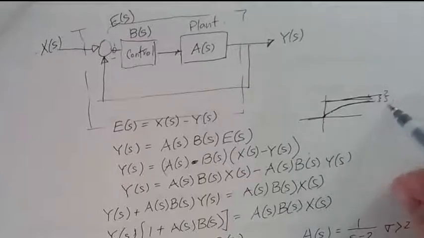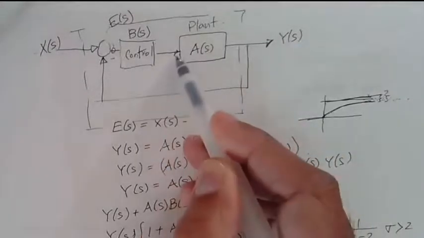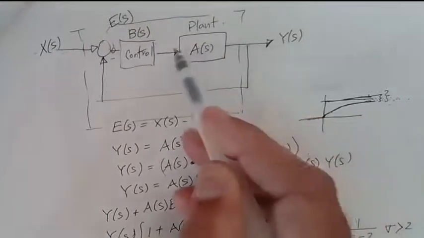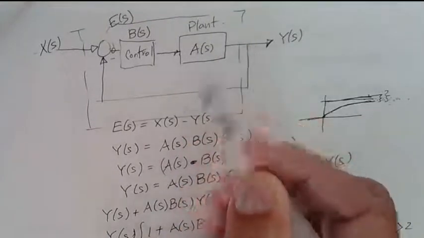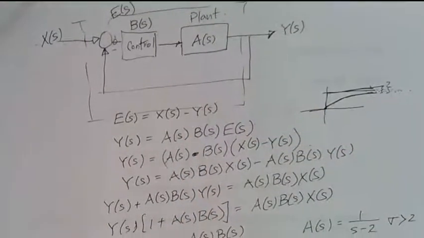And the integral of the error term is just a summation over a period of time. Even if the error is small, over a period of time, the sum of those, or the integral of that error, is going to get large enough that it will then force the plant to do what you want it to do. Okay? Now, what does that mean?